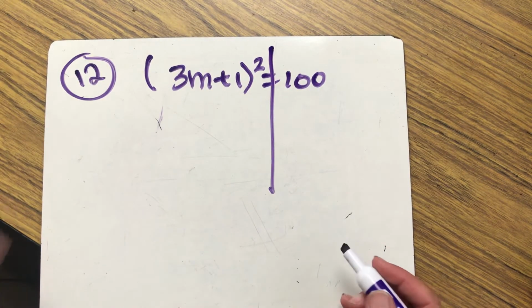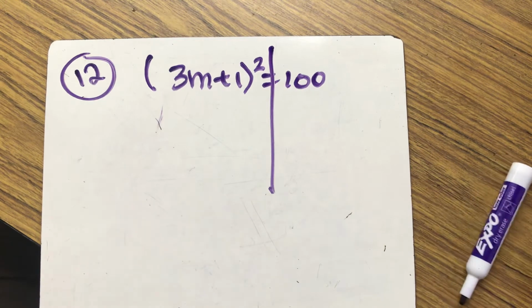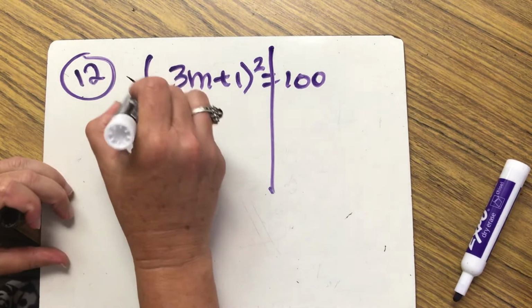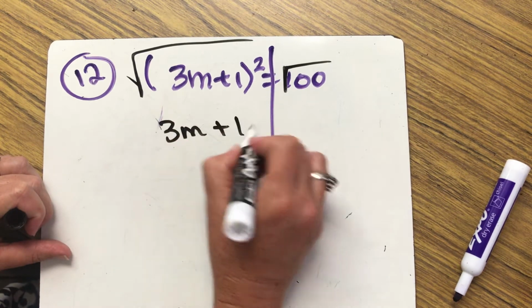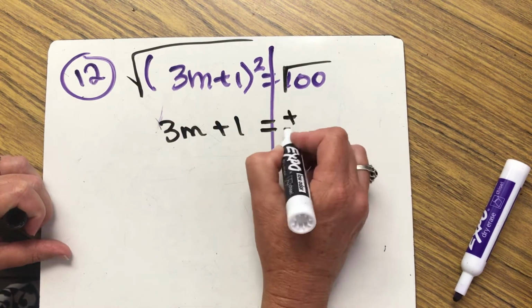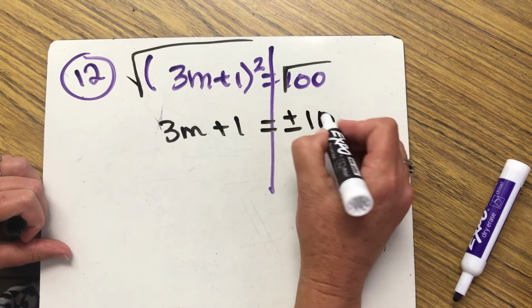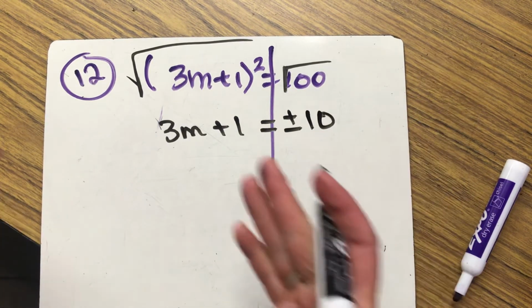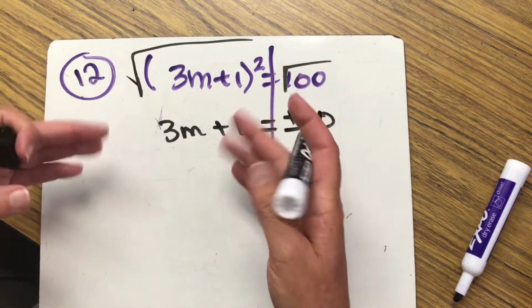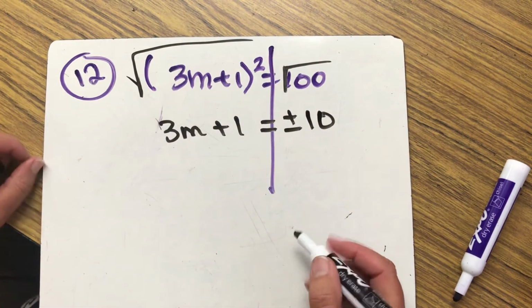So it's isolated. So we have to go right to our square root at this time. We have 3m plus 1 equals plus or minus 10, because the square root of 100 is 10, and the square root of that thing squared is just that thing on the inside.